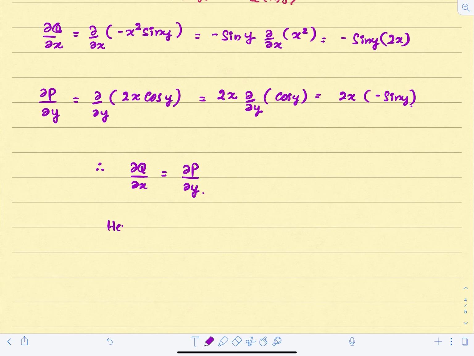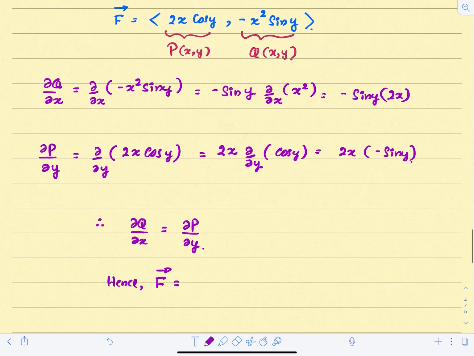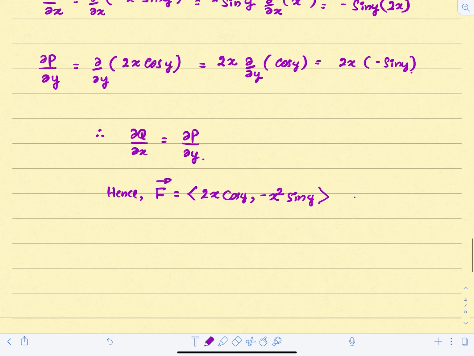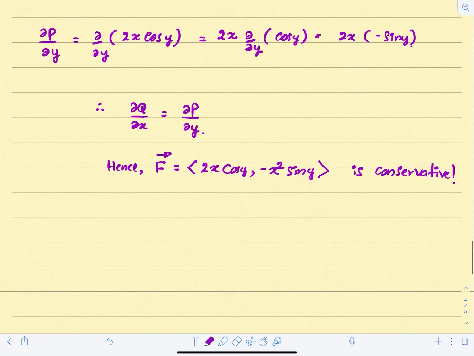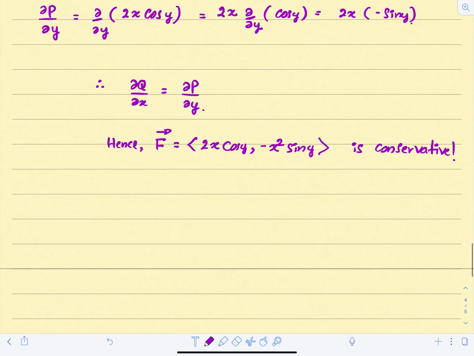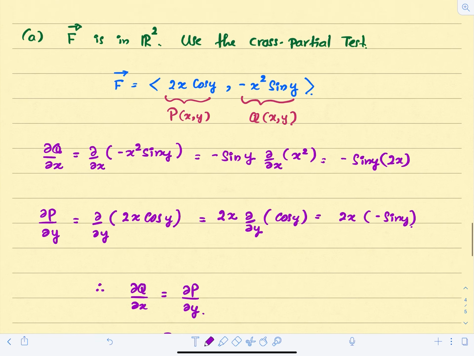Hence, our vector field F, which is 2x cosine y, comma, minus x squared sine y, is conservative. It's a conservative vector field.